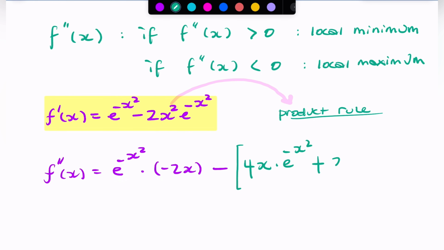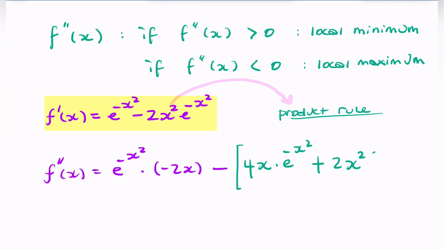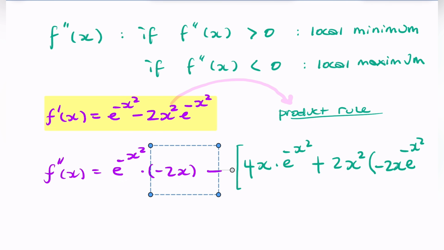plus 2x squared multiplied by the derivative of this, which we keep doing. I'll just write it as minus 2x e to the minus x squared. Let's try to make some space.